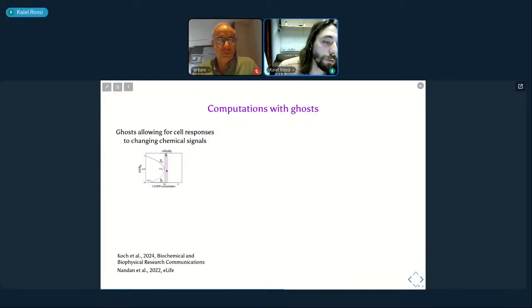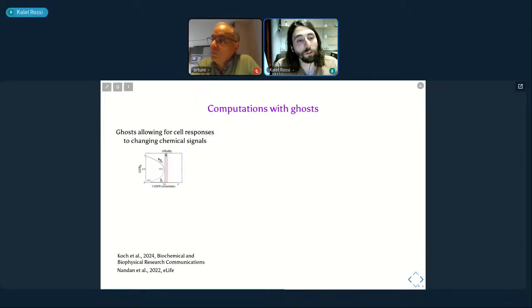The pulse, the input, puts you to the left in this case. It puts you in this region here where you have an attractor that corresponds to high activity when the cell is moving. So the idea is you give a pulse in a certain direction, the cell is switched to the left, goes to this attractor, starts moving.